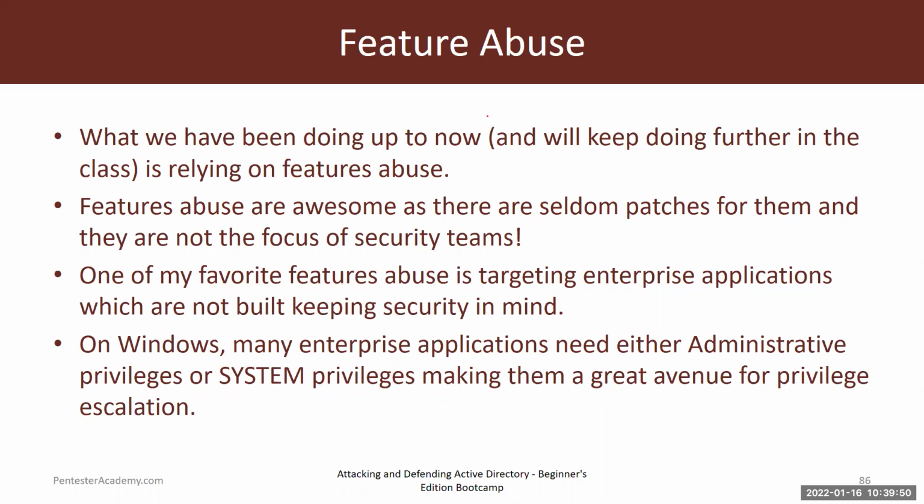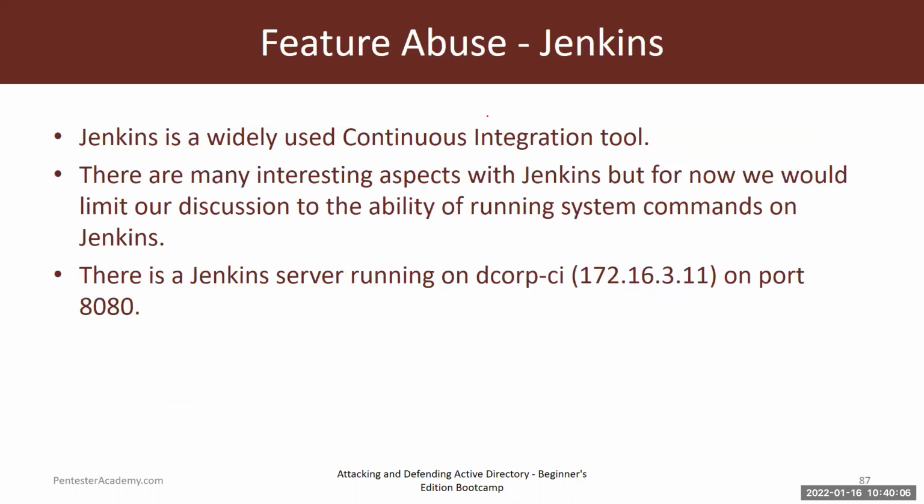So there are so many tools, a lot of them security vendors' tools, that require at least system privileges, or they need agents on multiple machines and whatnot. So Jenkins is a continuous integration tool that we are going to abuse. In place of looking for it using port scan, etc., we assume that we know that it is already running on its default port 8080 on the dcorp-ci machine, 172.16.3.11.